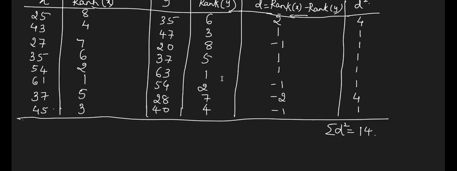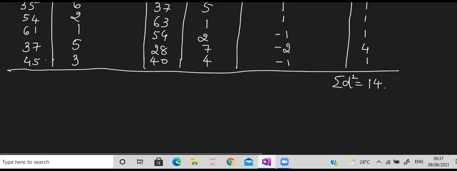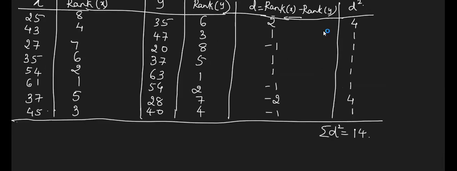Now after this, we have to calculate the rank correlation coefficient. One more thing required here is n. N is the number of values. The number of values is 8. Therefore, the rank correlation coefficient.